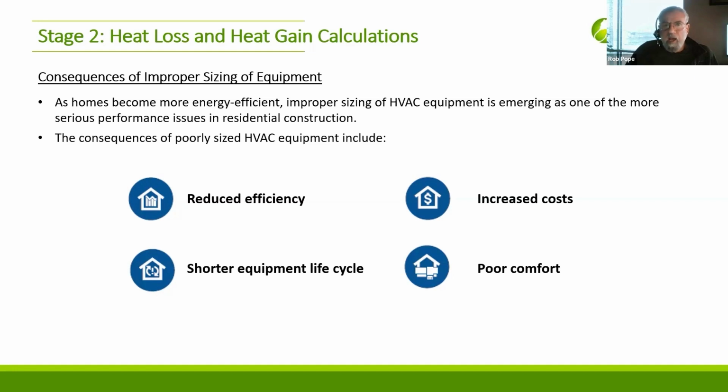You can have identical looking houses hit a number of different step codes. That same house at step one could look no different than the house that's net zero, right? So rule of thumb doesn't work, and you've got to get it right, and you've got to do load calculations.